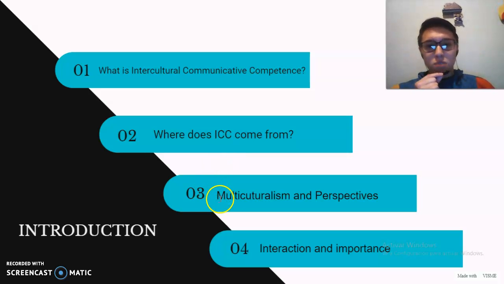The third is multiculturalism perspectives. Multiculturalism is a root of ICC and a root of TESOL, that is teaching English as a second language. And the last one is interaction and importance. In this case, I use some quotations from different books and resources.